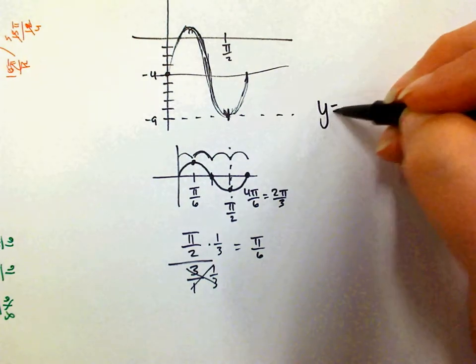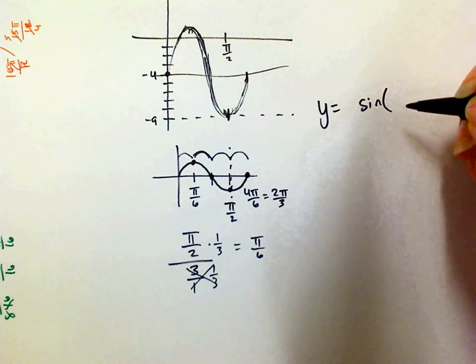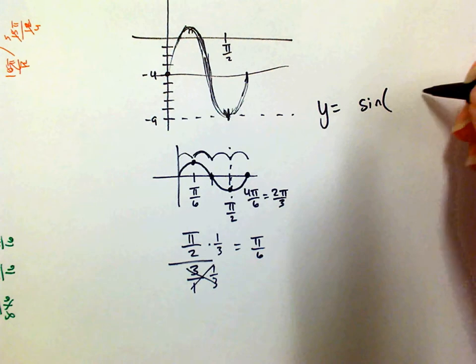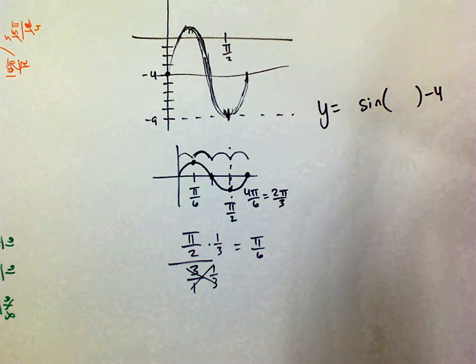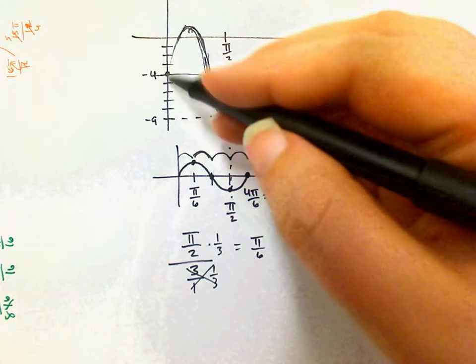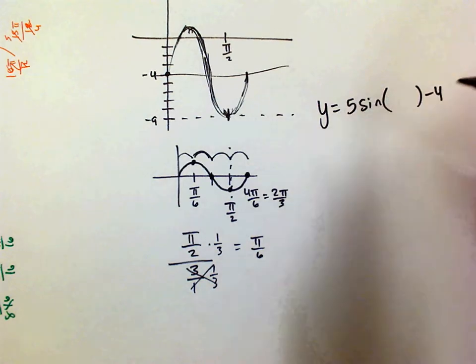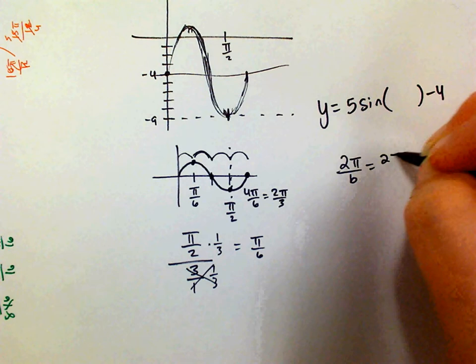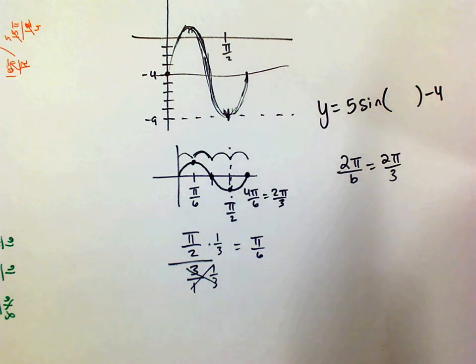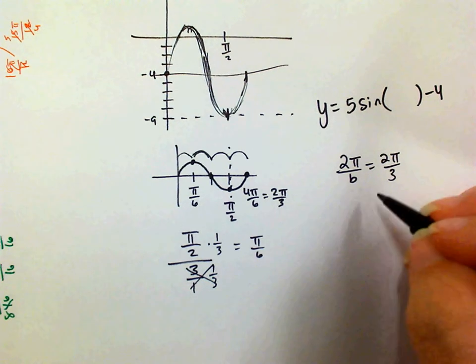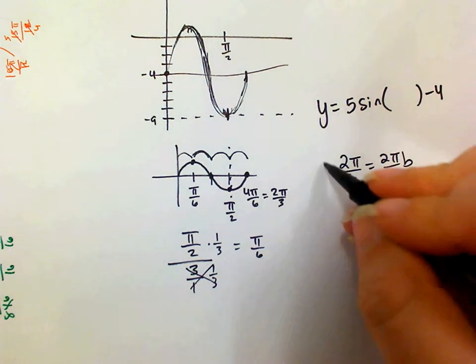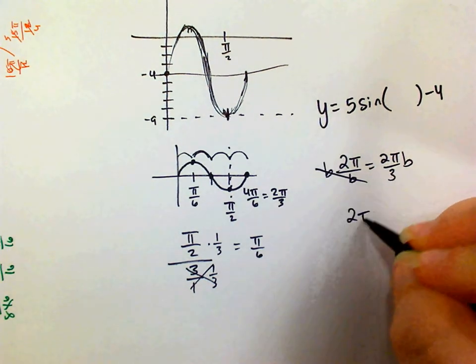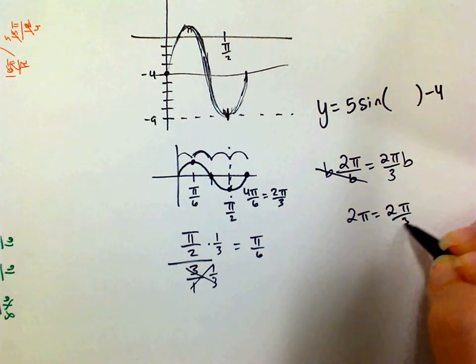And if your period is 2 pi over 3, then 2 pi over b equals 2 pi over 3. That makes it pretty obvious. B is 3. But if you didn't see it, you multiply by b, then 2 pi equals 2 pi over 3 times b, multiply by 3 over 2 pi. This cancels out, this cancels out, b is still there, pi's cancel out, 2's cancel out, b is 3.